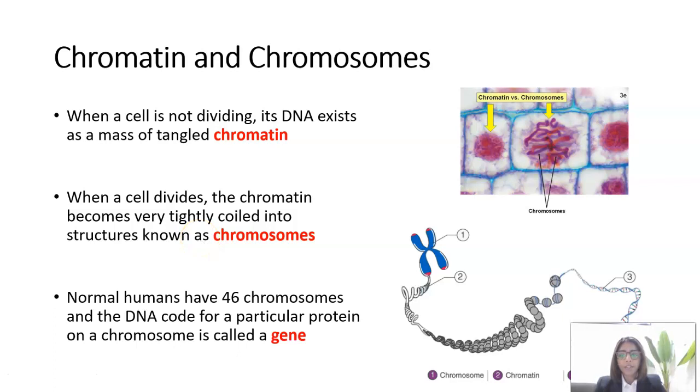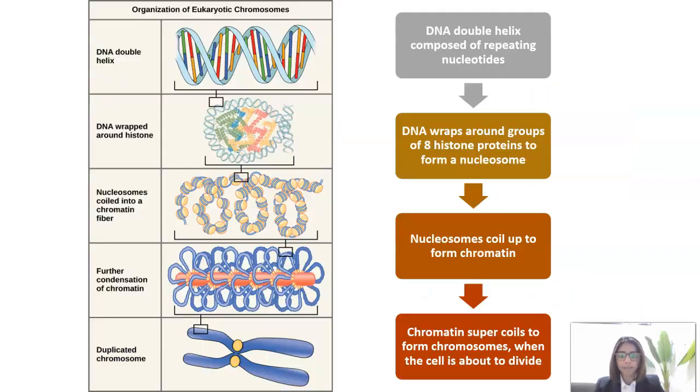So for reference, you should know that healthy normal humans have 46 chromosomes, and each section of a chromosome codes for a gene. And we'll come back to talk about that later.